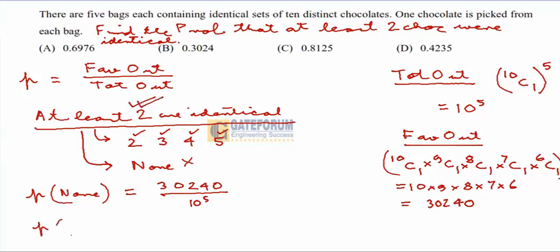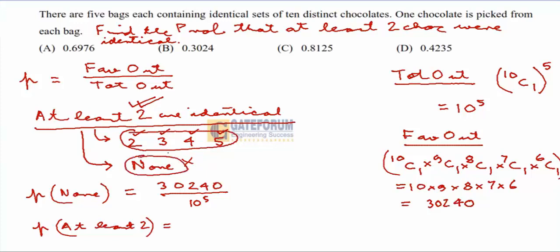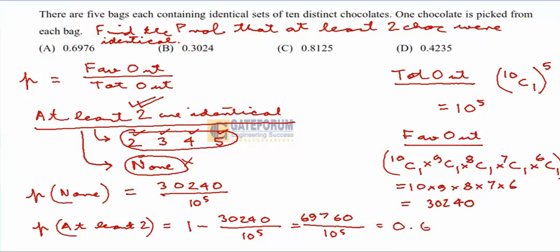So I will say that the probability that at least 2 are identical must be nothing but, since there is no other case apart from at least 2 are identical and none are identical, it will be 1 minus 30240 divided by 10 to the power 5, which would be 69760 divided by 10 to the power 5, which is equal to 0.69760. So 0.6976. So this is my answer.